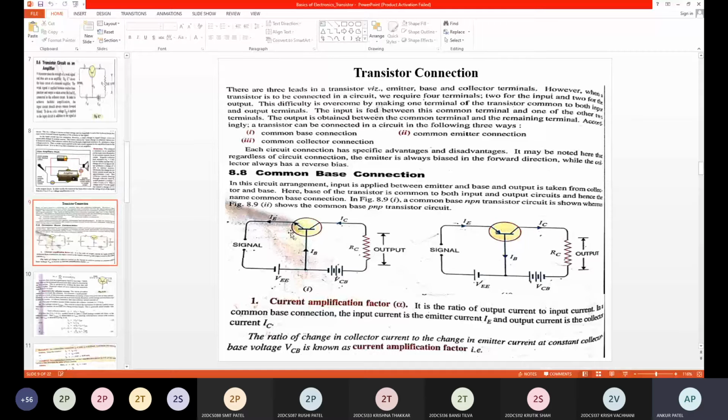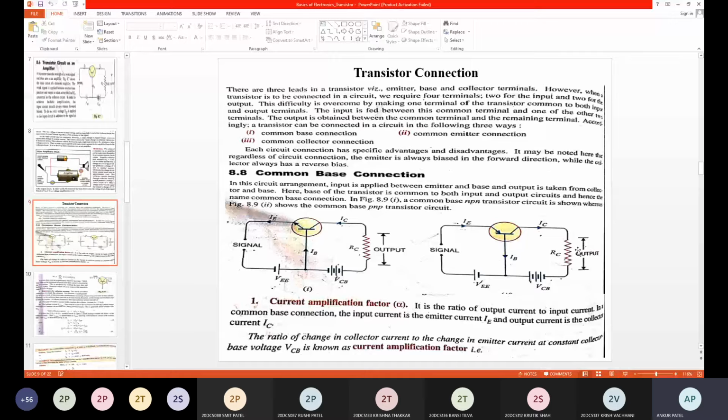When we connect this transistor in the circuit, it has 4 terminals. How does it become 4 terminals? Because we are making one of the connections ground, so it is divided into input circuit and output circuit.